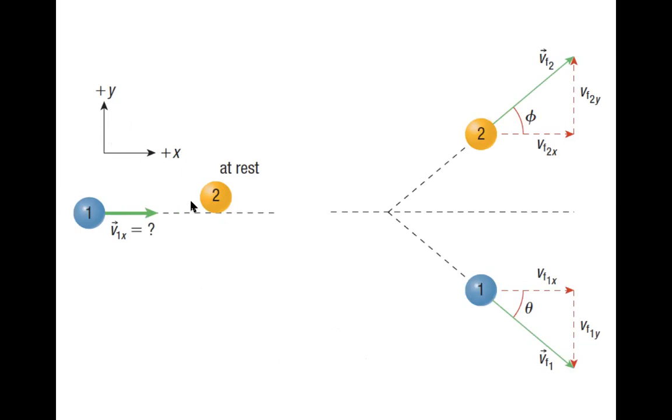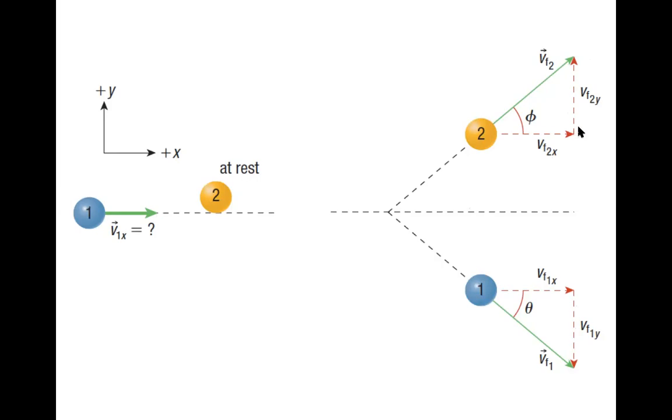We need to think of components because the balls go off on an angle. Notice that before the collision, ball 1 has no vertical velocity. And afterwards, the vertical components of velocity add up to 0. Now, this is a special case in pool or billiards where the 2 balls have the same mass.